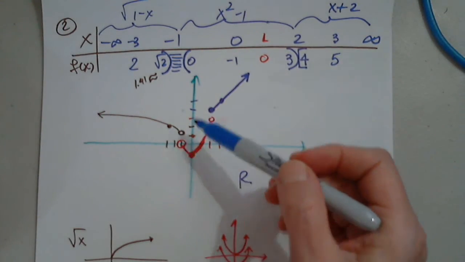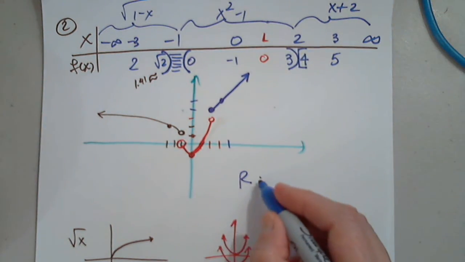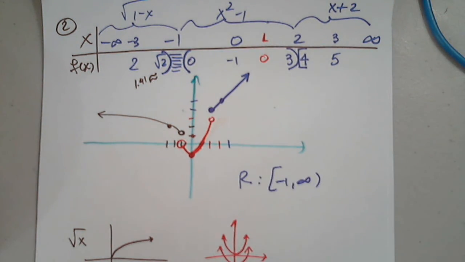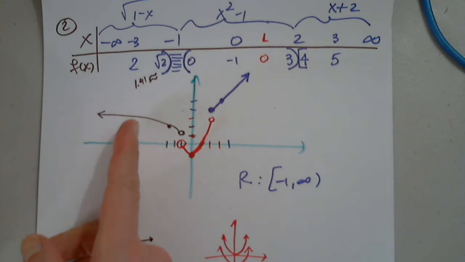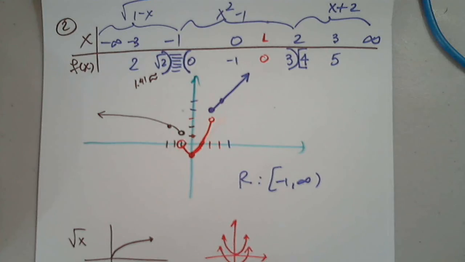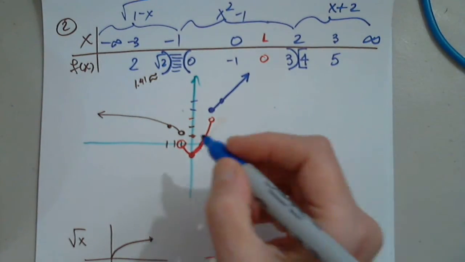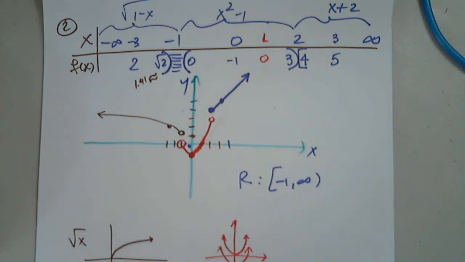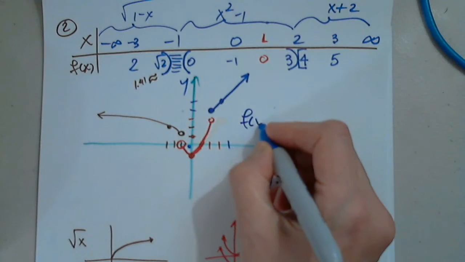So the range is -1 to infinity. Remember, this is a square root function. This piece is a quadratic function. And this piece is linear. Always label the axis, etc. So this is our f of x.